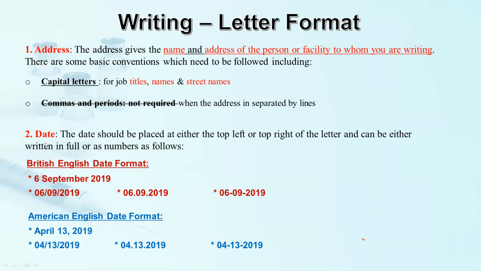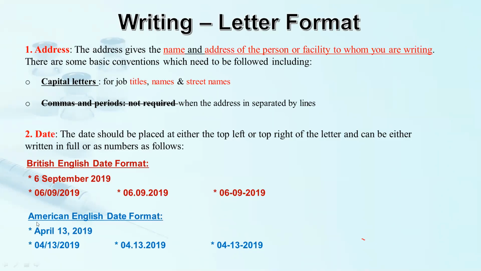Regarding the next item, date. The date should be placed at either the top left or top right of the letter and can be written either in full or as numbers. As I mentioned earlier, in British English the date is like this: 6 September 2019, or in numbers, simply 6/9/2019, separated by forward slashes, periods, or hyphens.